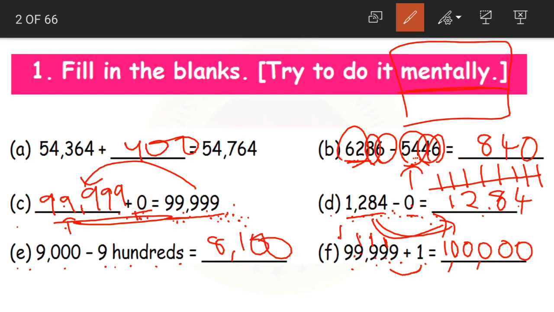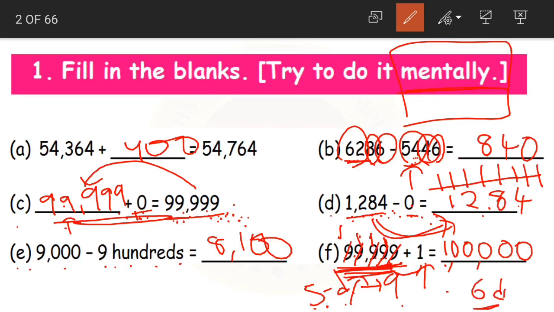Children, another way of solving this question is, what is 99,999? It is the largest 5-digit number. See, count 1, 2, 3, 4, 5. There are 5 digits and all the 5 digits are 9s. So this is our largest 5-digit number. And when we add 1 to the largest 5-digit number, we get the smallest 6-digit number.